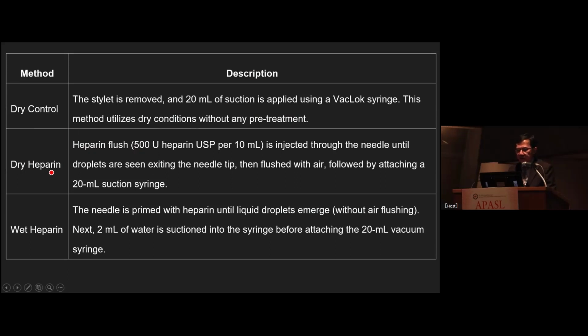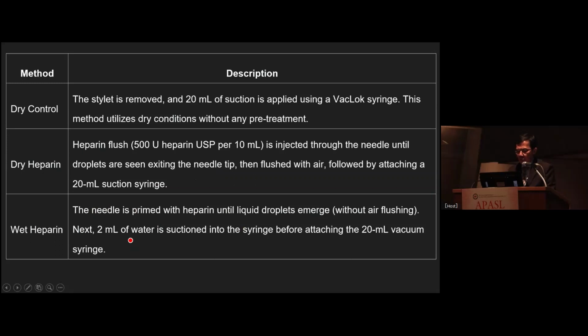With the dry heparin technique, the difference is that we flush heparin, 500 units of heparin per 10 cc, through the needle until droplets are seen at the exit of the needle tip, and then we flush with air, followed by the 20 cc suction sealing, similar to the dry control. In the wet heparin technique, the needle is primed with heparin until the liquid droplet emerges from the exit of the needle.